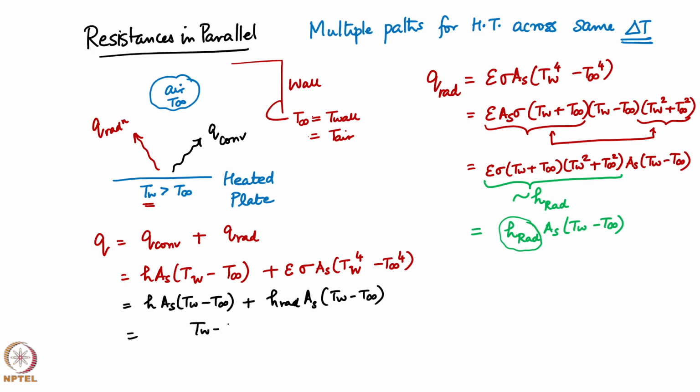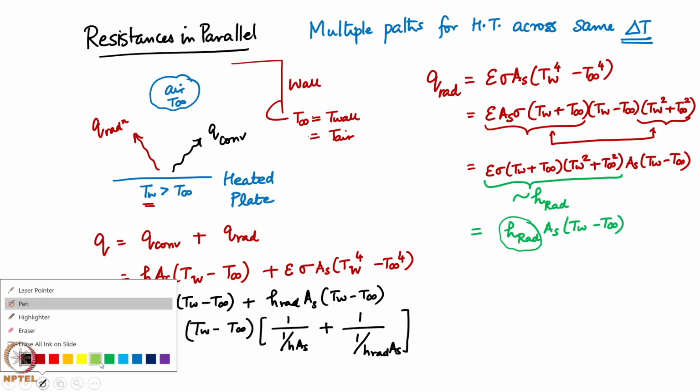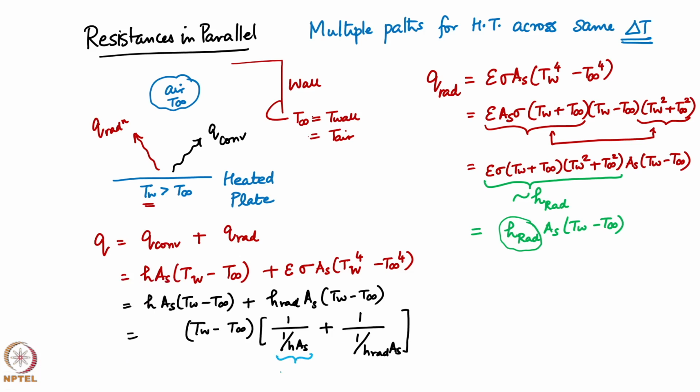(T wall minus T infinity) times (1 over h A s plus 1 over h radiation A s). Please note this, do not make a mistake here, 1 over h radiation into A s. The convective resistance is R convection, this is R radiation, 1 over h A, 1 over h A.